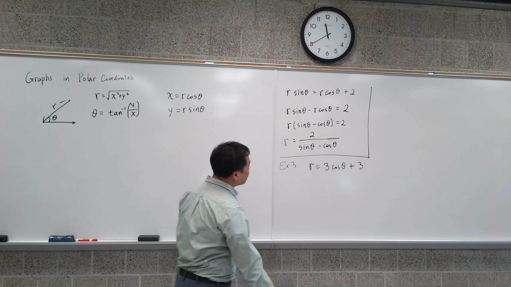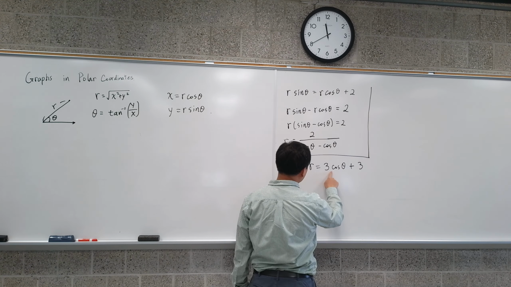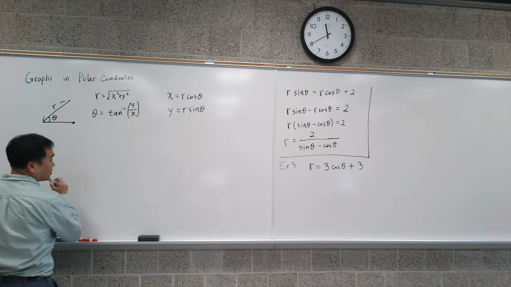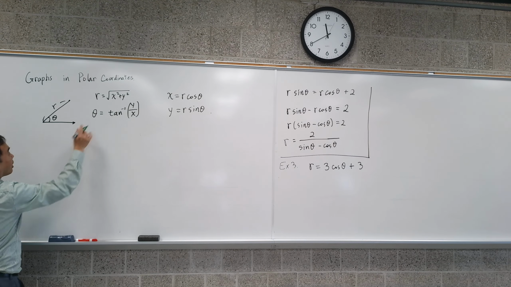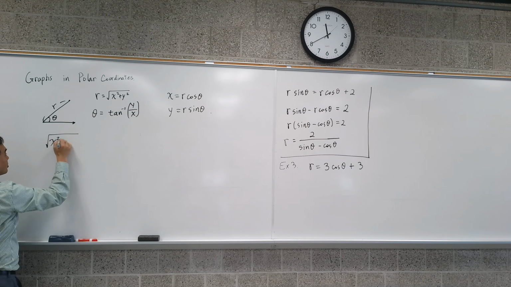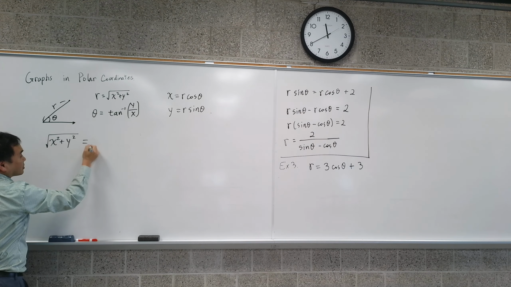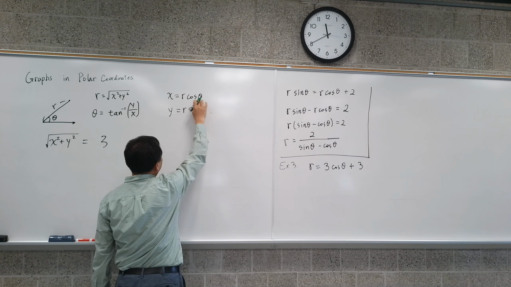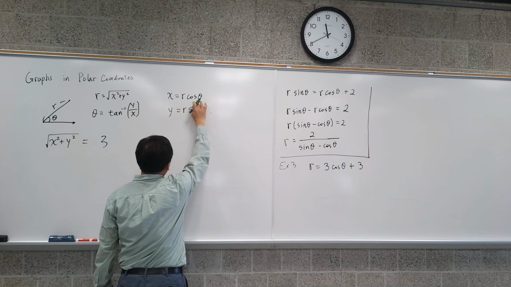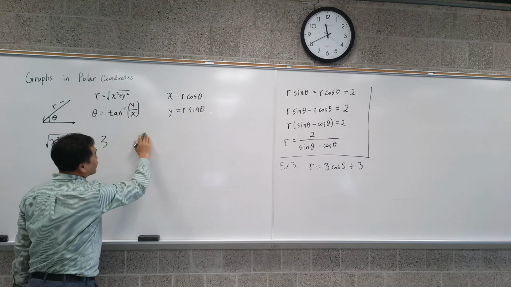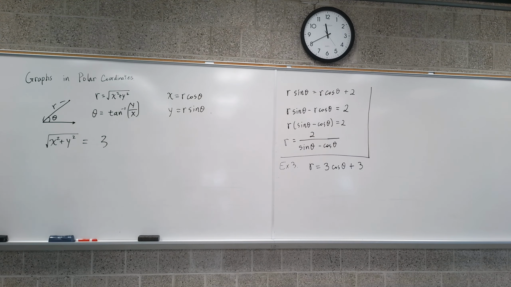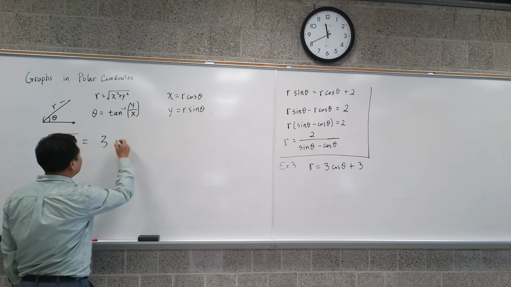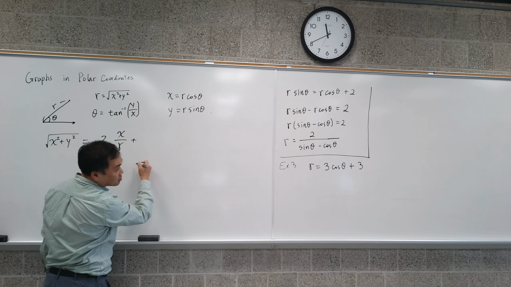See, you can sometimes rewrite that. So for example, if I have r is the square root of x squared plus y squared, right? And then cosine theta, if you solve this for cosine theta, you can replace cosine theta as x over r, which is not so helpful. It's x over r plus 3.